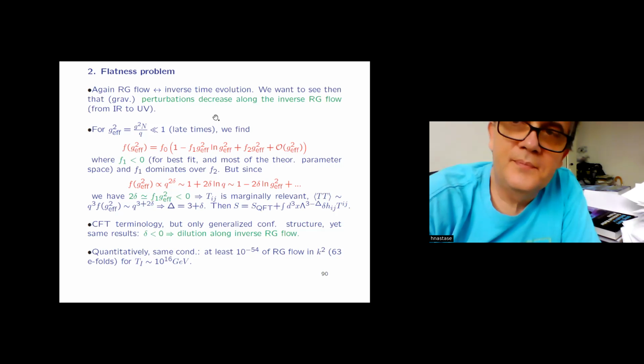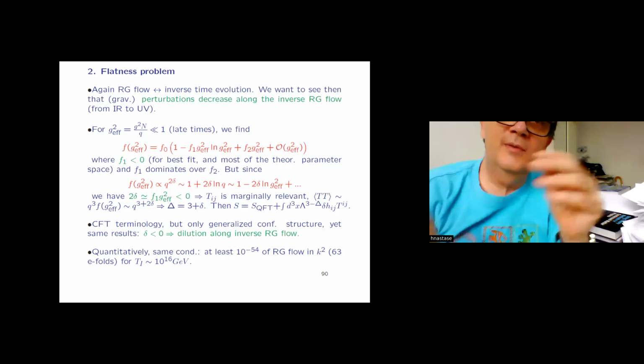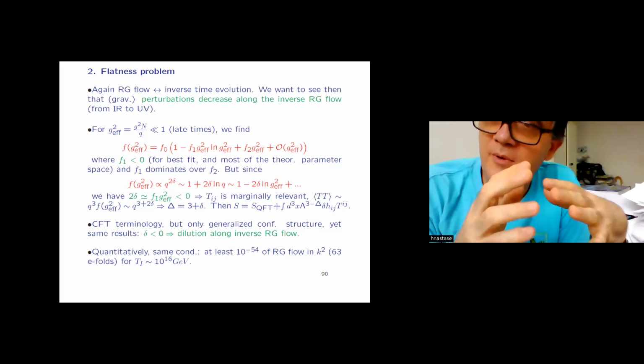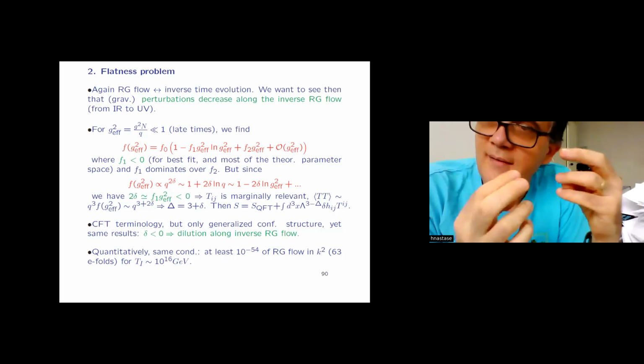Now, this last form is also the solution of the flatness problem. Why is that? How do I understand the flatness problem from the point of view of holographic cosmology? It meant that there were some perturbations in gravity.